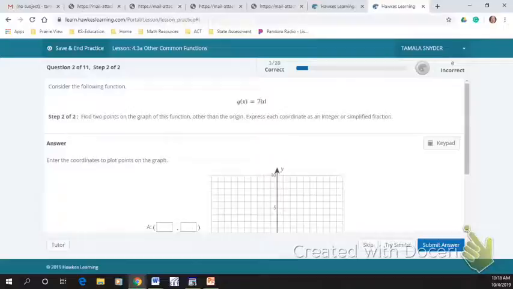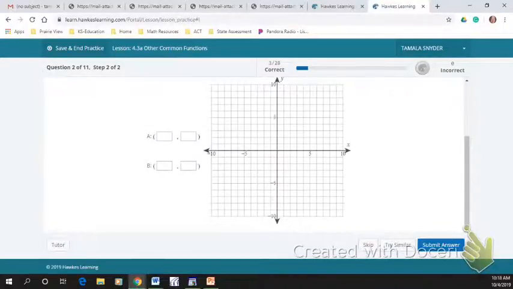So once again, I would pick 1 and -1 to make it as easy as possible. So if I pick 1 and -1, and I've got to take 7 times the absolute value of x. So 7 times the absolute value of 1 would be what? Yeah, 7. And 7 times the absolute value of -1? 7. So notice on this one, when I plugged in opposites, I got out the same number.